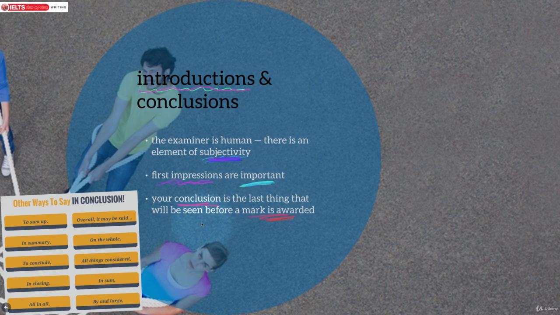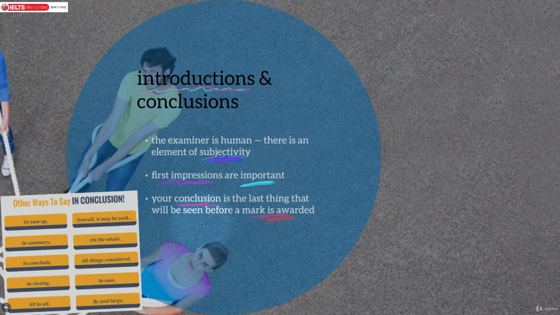So my point is that even if your essay is beautifully written, if your introduction is not as good as it could be, or if your conclusion isn't as good as it could be, everything in between, the meat of the sandwich, for example, or the cheese of the sandwich, might not be, let's say, viewed as positively as if you'd actually done the introduction and the conclusion properly.